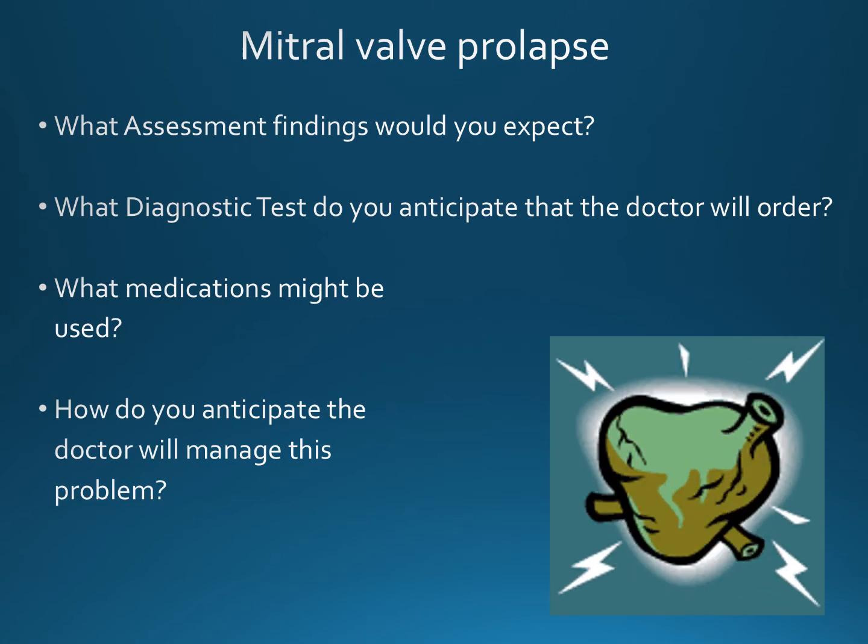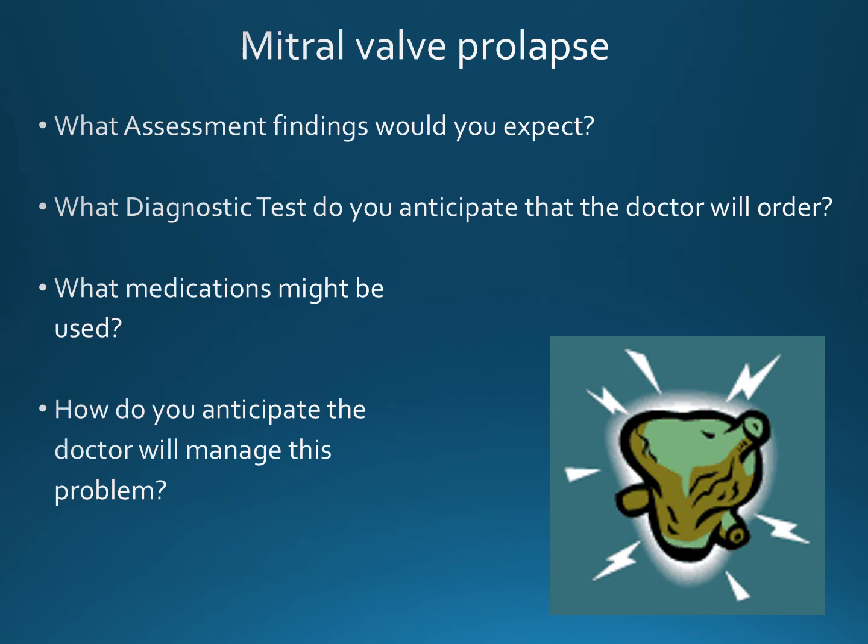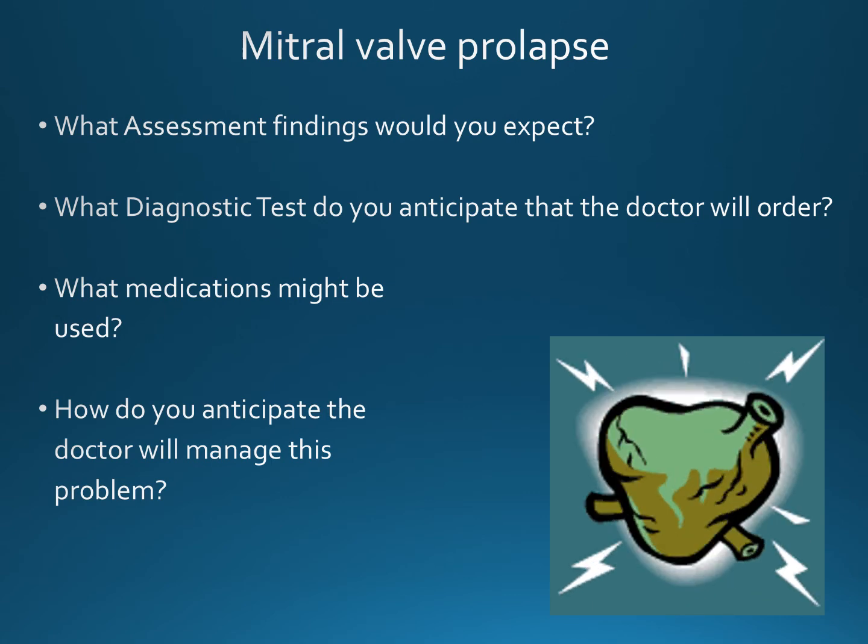And if the patient is symptomatic and requires medication, they can be put on either beta blockers to reduce cardiac workload, diuretics to reduce volume, antiplatelets to reduce the risk of clots forming, and or anti-anxiety medications. If surgical management is required, the valve can be repaired or replaced.